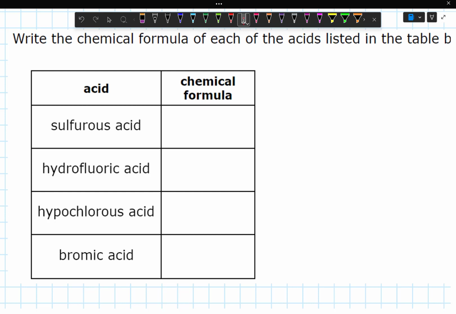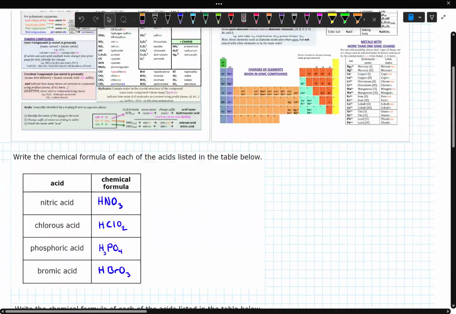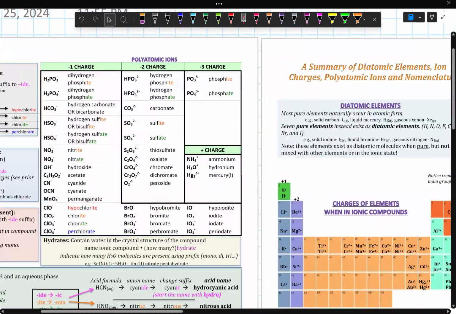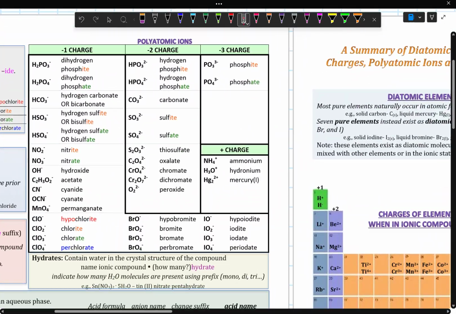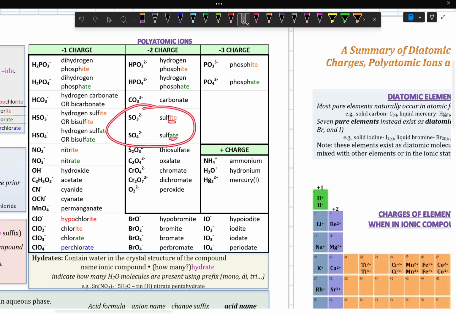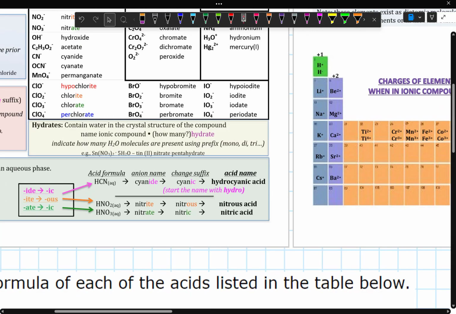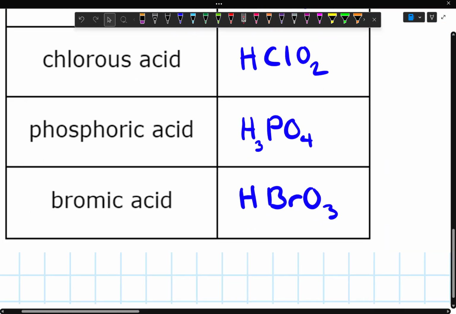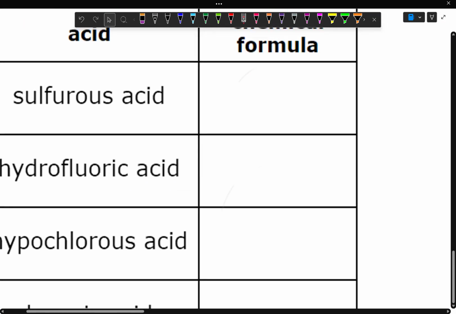And for sulfur, we know that if we check our table here, for sulfur, we have these two. We have a sulfate and a sulfite. In this case, we're going to be using sulfite, which has a -2 charge. So that's SO3.